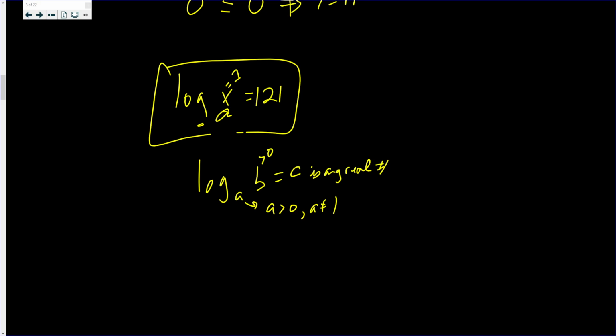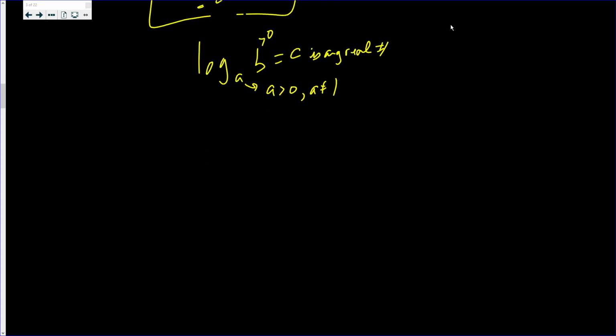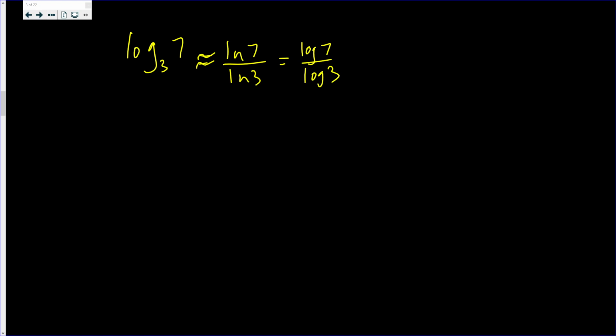So now that we proved a lot of these theorems, which is very important, how about if somebody were to ask you, here's a calculator real quickly, if need be, calculate that. And you can do ln of 7 over ln of 3 and get a very good approximation. Or you can do log of 7 over log of 3. That's called the change of base formula.